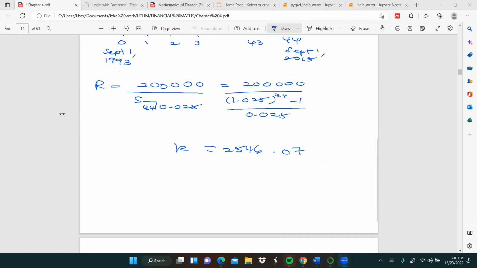Okay, so next, he makes the deposit monthly in a fund that pays 5% per annum compounded monthly. Untuk soalan B, our I is 0.05 divided by 12, we have 0.00416666.